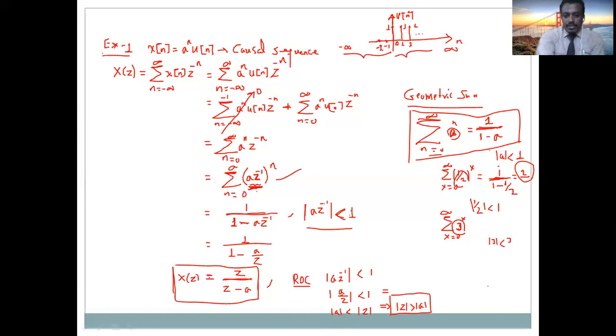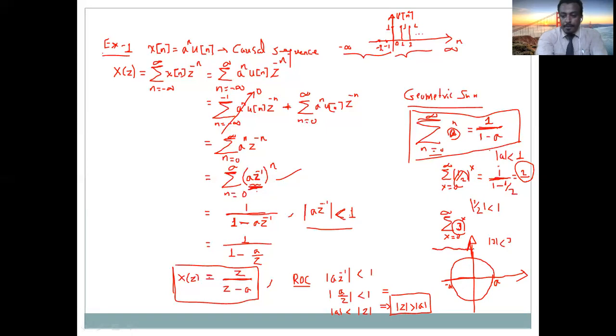So if you put this on the z plane, as you know, z is a complex variable, so we have a z plane with imaginary and real axes. For any constant a, we draw a circle with radius a. Look here, the absolute value of z must be greater than a, which means z must be outside this circle.